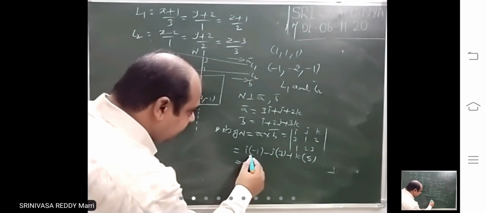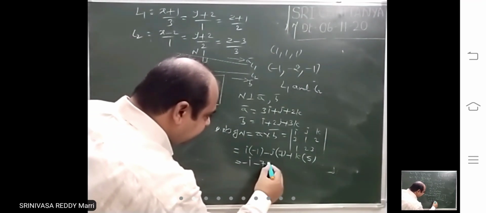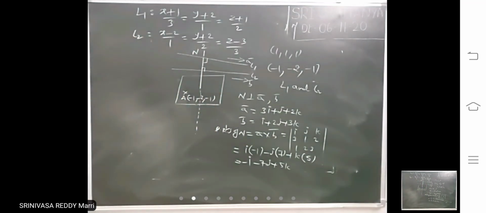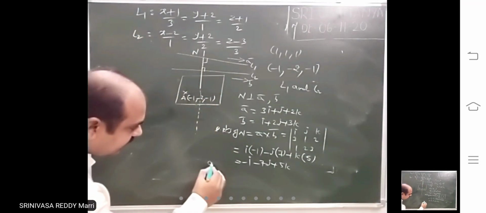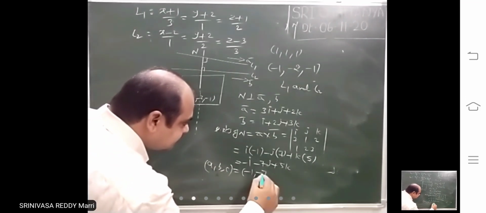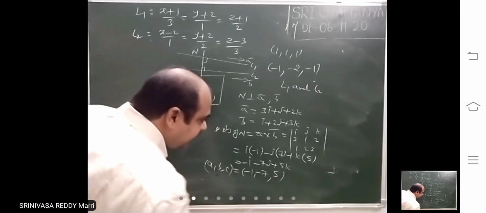That means minus i minus 7j plus 5k. So the DRs of the normal A, B, C are minus 1, minus 7, 5.